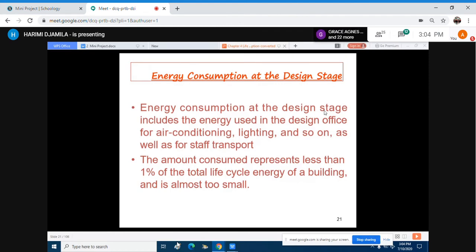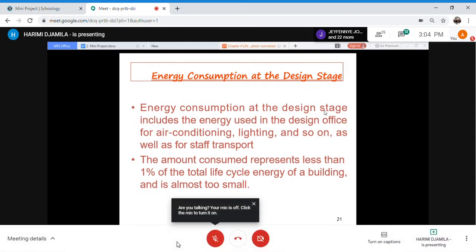Okay, so we pass to the energy consumption at the design stage. At the design stage, it includes energy used in the design of the building. As I mentioned, if you are an engineer, there are architects sharing probably one office or many offices.